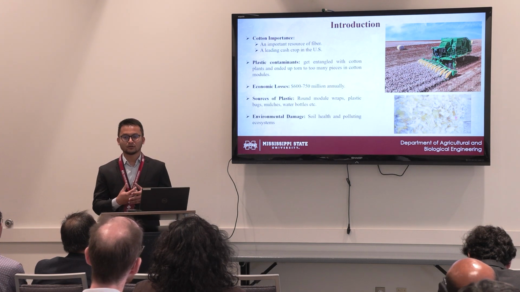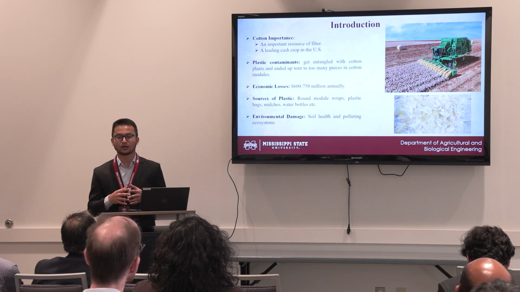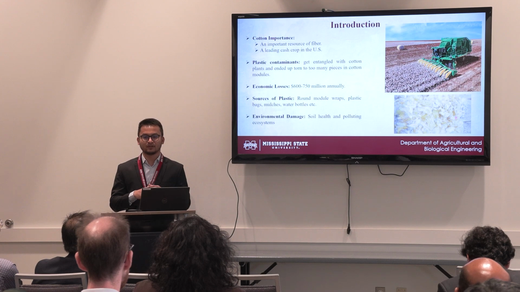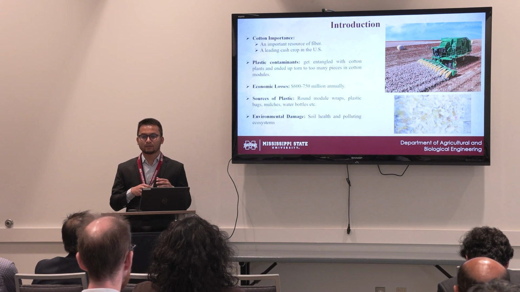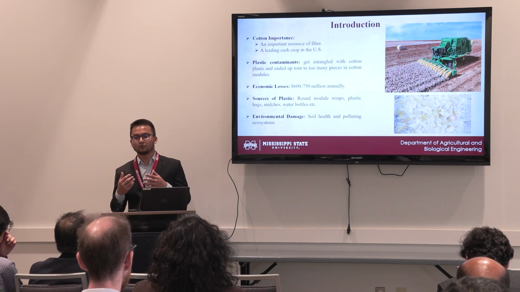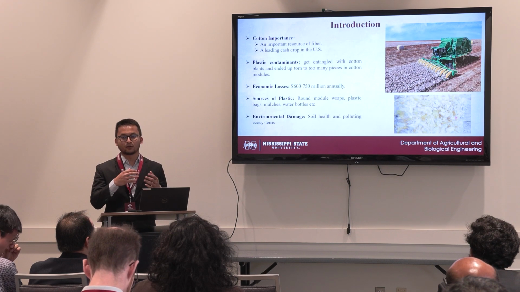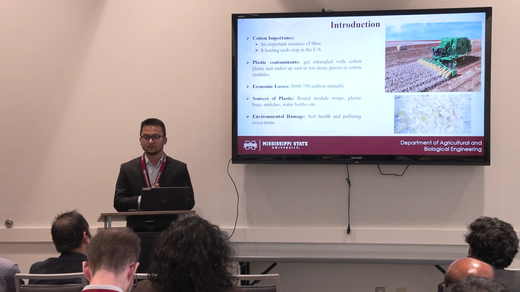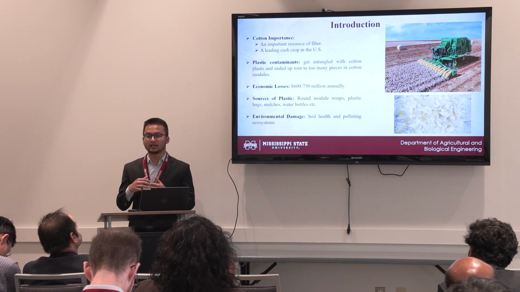We know that cotton is an important fiber resource in the United States and a leading cash crop. So we want to keep cotton production high. But plastic contaminants can create a big mess and disrupt cotton production. When plastic contaminants get entangled with cotton plants and the farmer goes to harvest, he uses a cotton picker, as you can see in the picture, and the cotton picker tries to pick the whole cotton plant from the field.